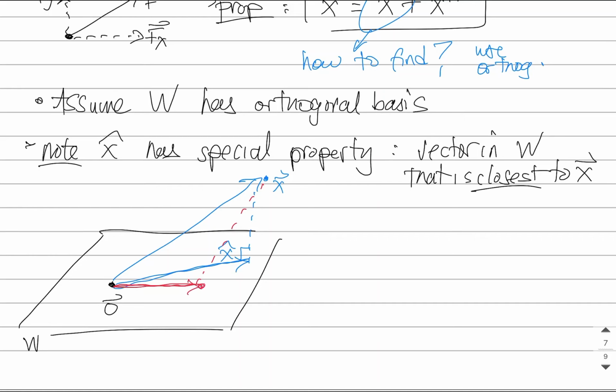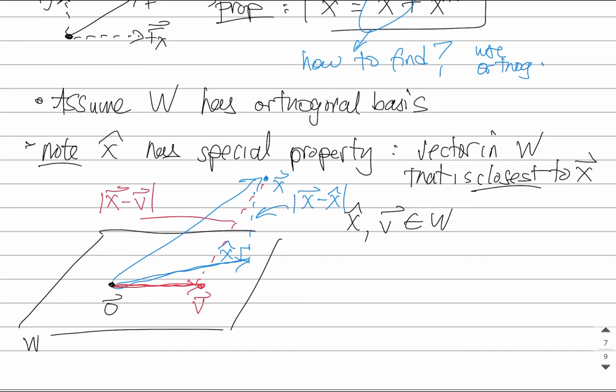So if that is some other vector in the plane, we'll say that x hat and v are in this plane W, that thing also has a distance. So this vertical line here is going to be the length of x minus x hat. This red dotted line is going to be vector x minus v.